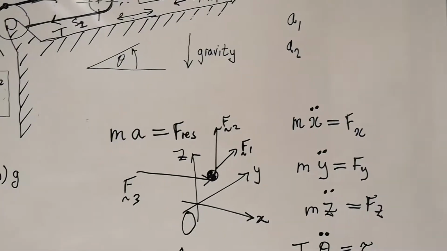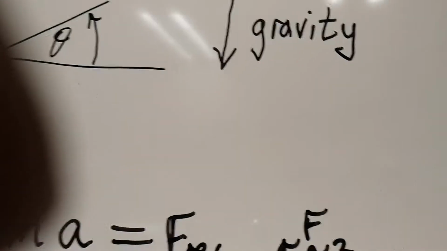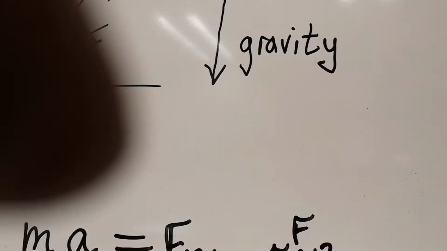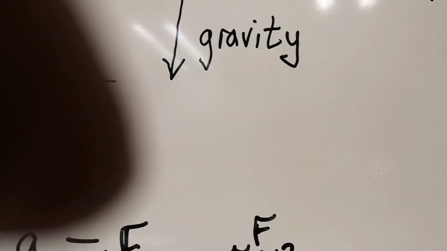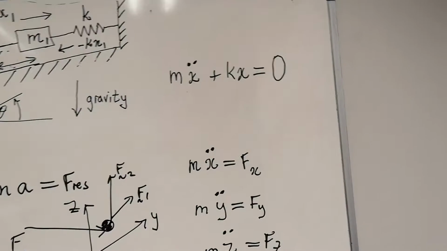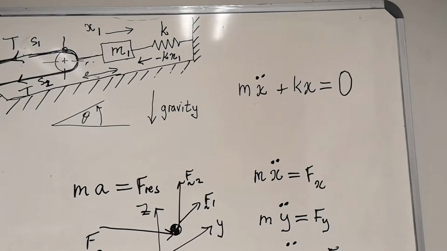The equation of motion that we derived was in the general form: mass times the double derivative plus some spring constant times x is equal to 0. So that is an equation for a mass spring in one dimension.